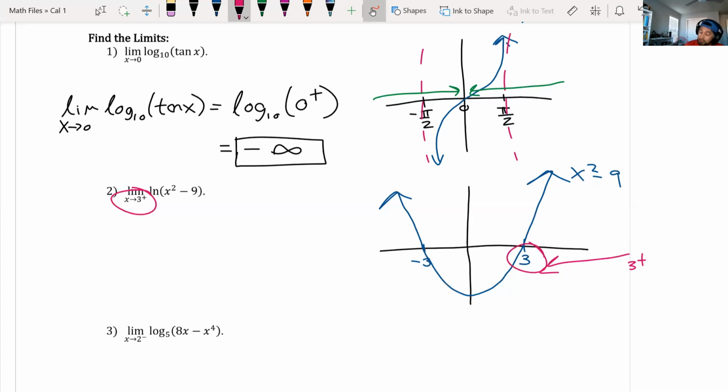We're close though. Remember, if 3 is an x-intercept, y must be what value? 0. Y is approaching 0. So as x approaches 3 from the right, y is approaching 0.